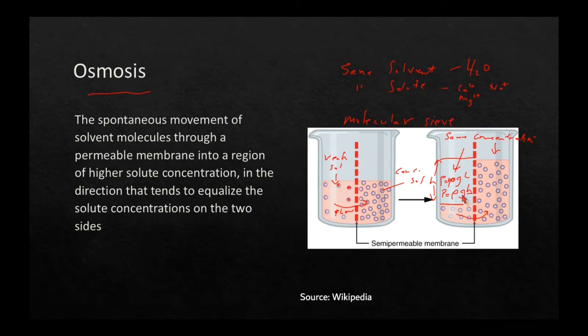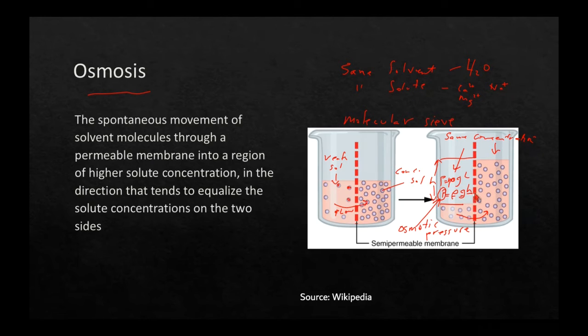If we know that height, the force of gravity, and the density of the solution, we can determine what that pressure is due to the head of a column of liquid. That pressure, we're going to call it osmotic pressure. Does that make sense?